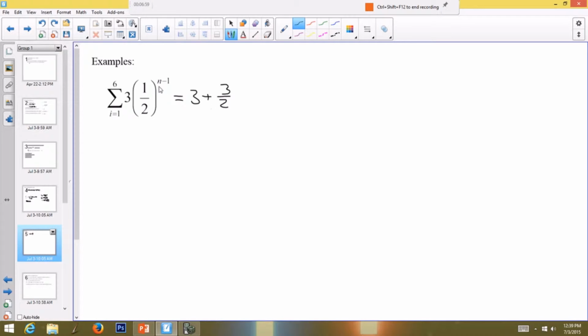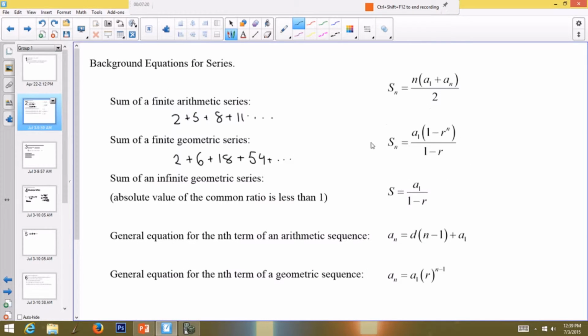If I plug in 3, I've already done 1 and 2. If I plug in 3, 3 minus 1 is 2. 1 half squared is 1/4 times 3 is 3/4. And you can see that that will go on. Now this one, I don't have to find that last term, and I know that because this equation for the sum of a geometric series doesn't need the last term.